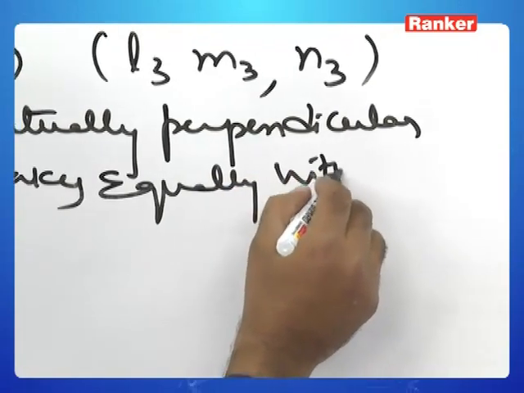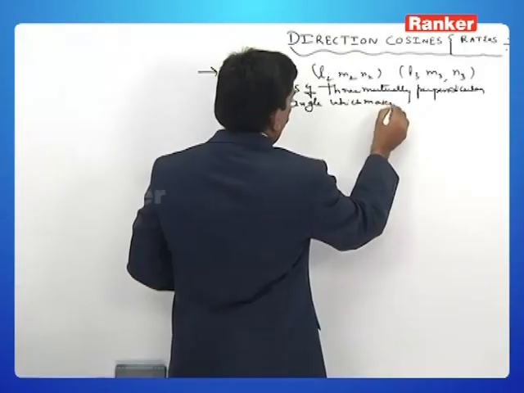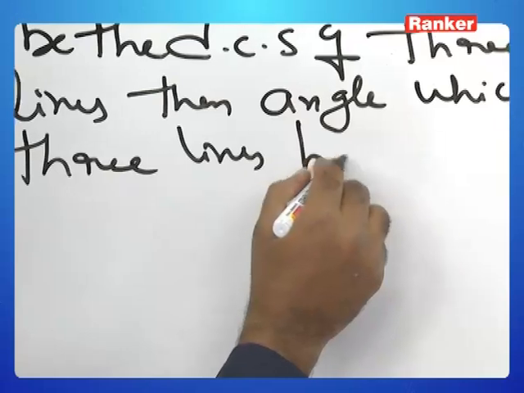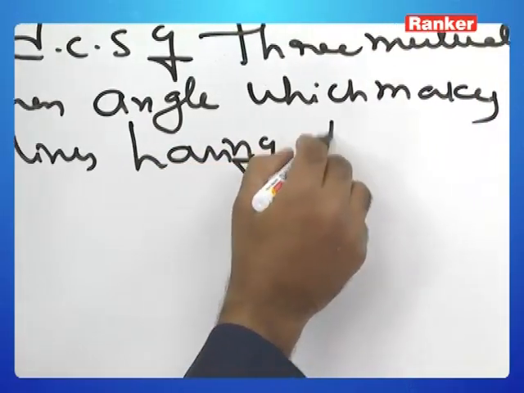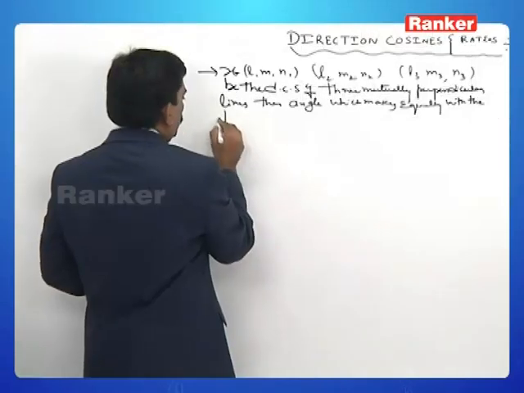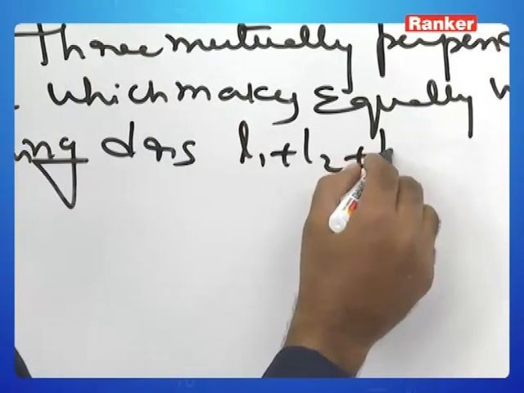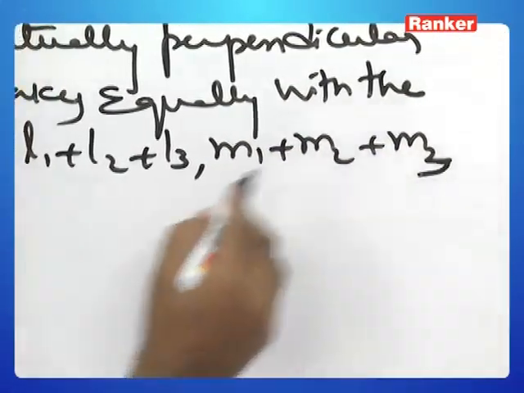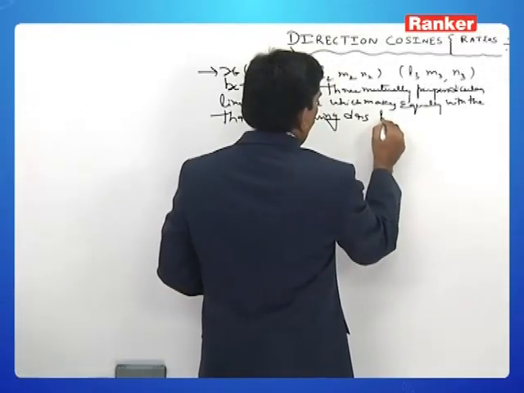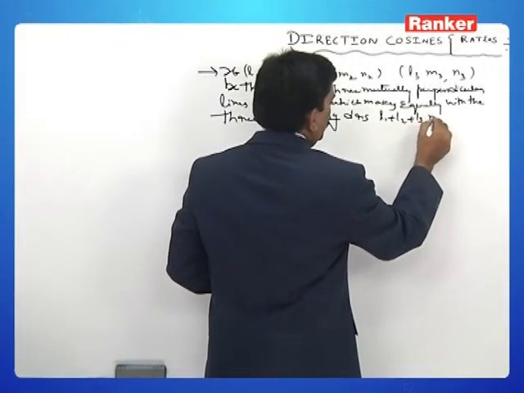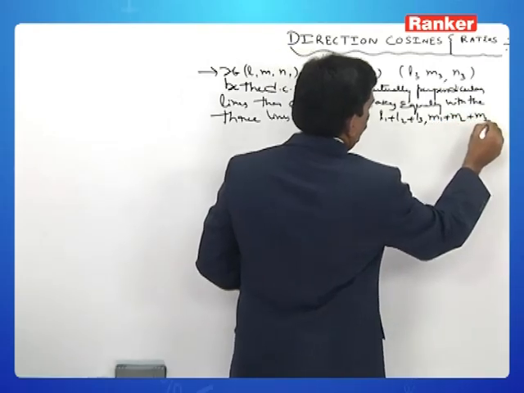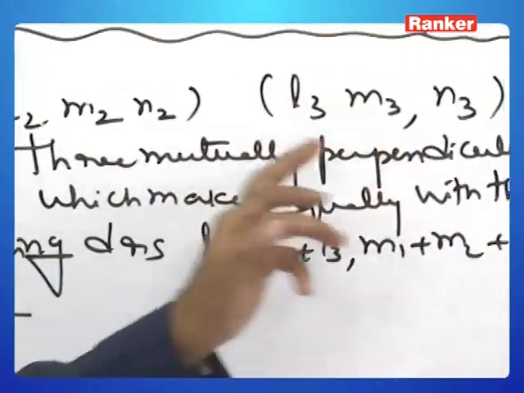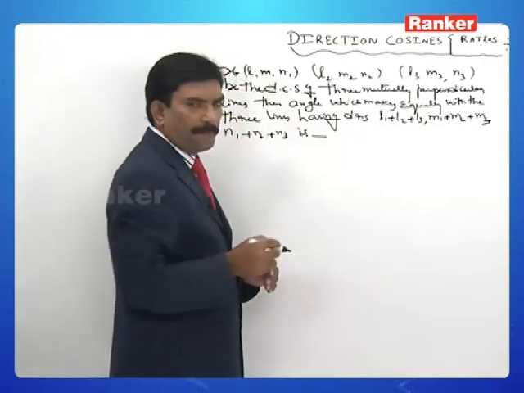then the angle which a line makes equally with the three lines, having the DRs l1 plus l2 plus l3, m1 plus m2 plus m3, n1 plus n2 plus n3, is dash.